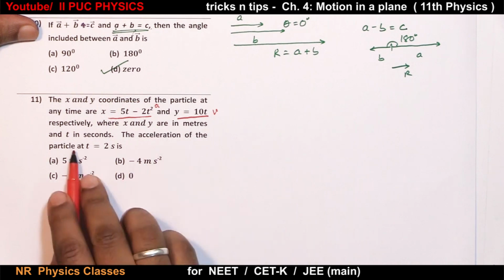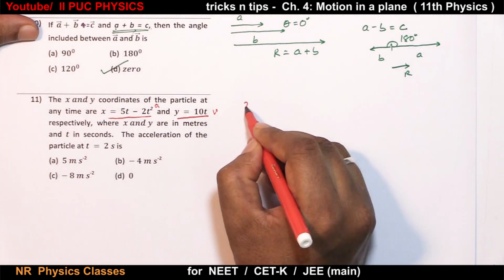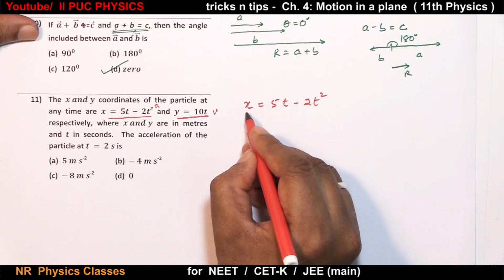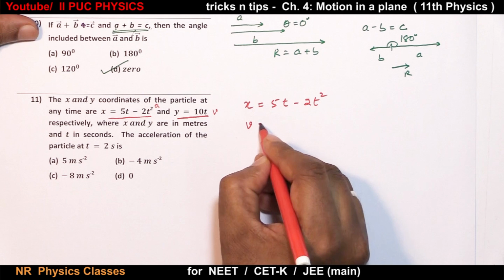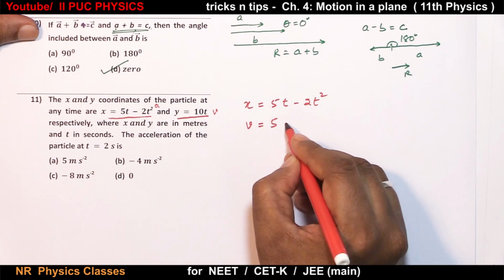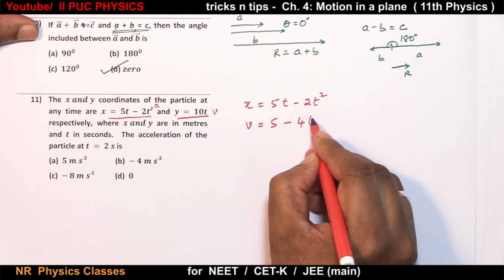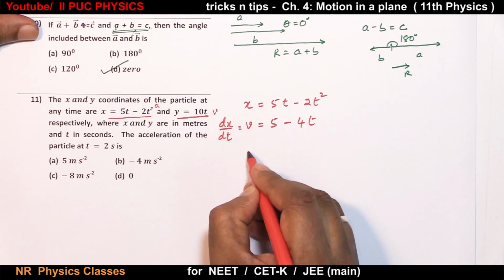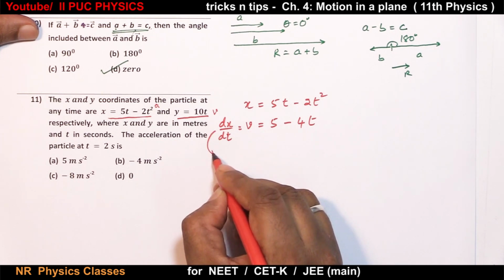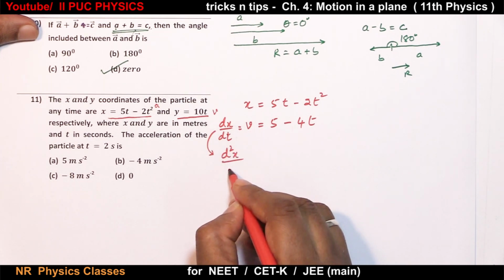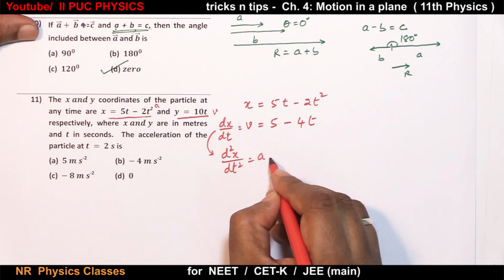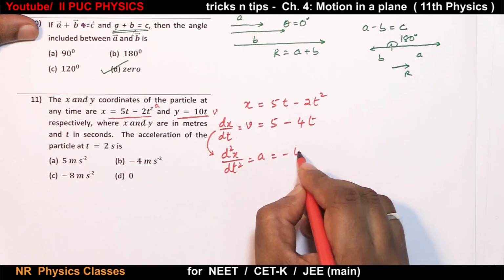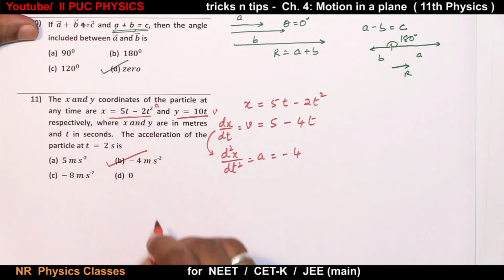Since we want acceleration, consider x equals 5t minus 2t square. Differentiate, we get velocity 5 minus 4t. This is dx by dt, isn't it? Then differentiate again to get acceleration, d square x by dt square: the constant becomes 0, minus 4. So minus 4 meter per second square.